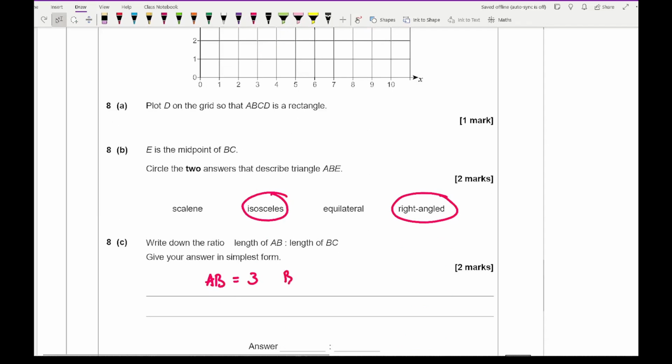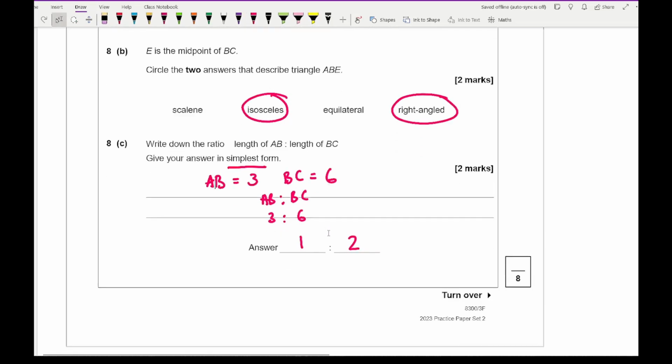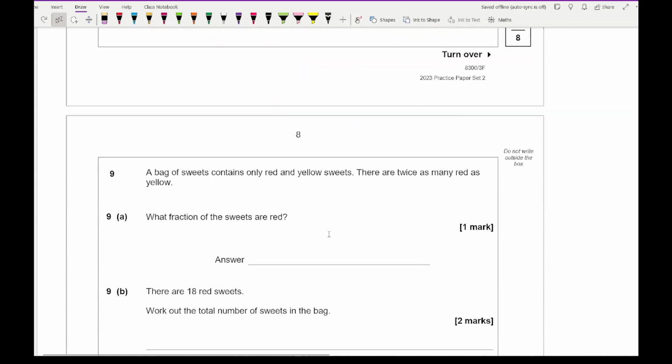So writing this as a ratio, A to B, B to C is going to be 3 to 6, which can be simplified as 1 to 2. And we need to make sure that we're writing 1 to 2 as the question is asking us to write it in its simplest form, where all the numbers are integers.